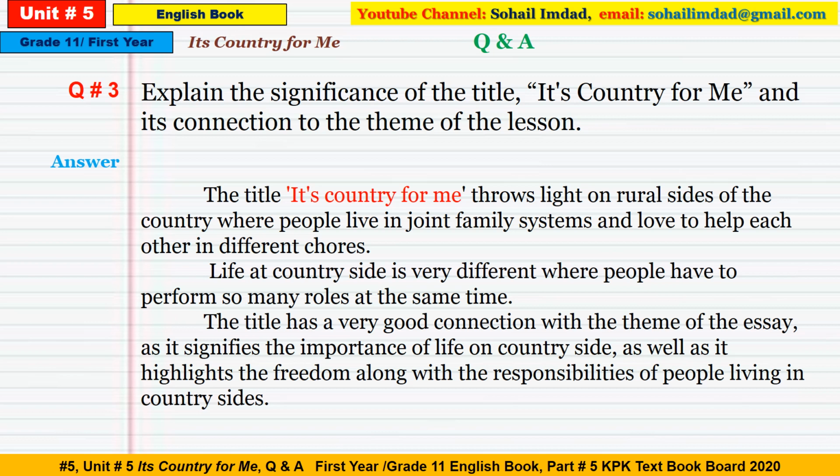Life at countryside is very different, where people have to perform so many roles at the same time. The title has a very good connection with the theme of the essay, as it signifies the importance of life on countryside, as well as it highlights the freedom along with the responsibilities of people living in countrysides.